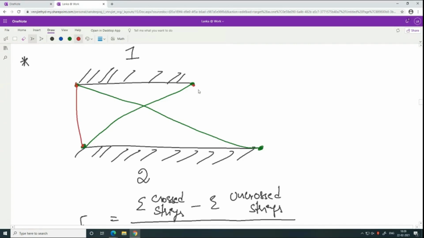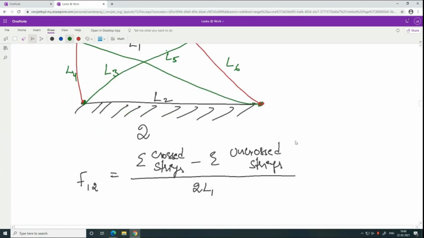Let me call this length L1, this length L2, this L3, this L4, this L5, and this L6. So these are the lengths I have taken here.